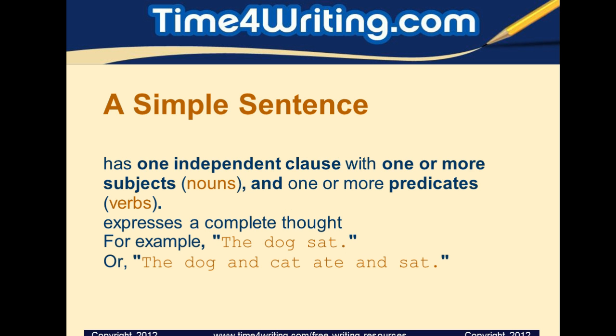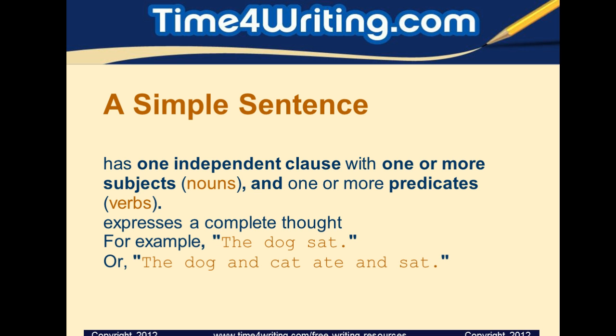So here's the first part, because I said earlier there are really two things I want to focus on, and this is one of them. A lot of you got tripped up on this, and this is actually a simple sentence. It's one independent clause, and it has one or more subjects and predicates. So what this means is that "The dog sat" is an independent clause with a subject and a predicate. The subject is the dog.